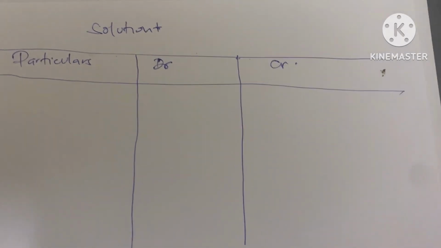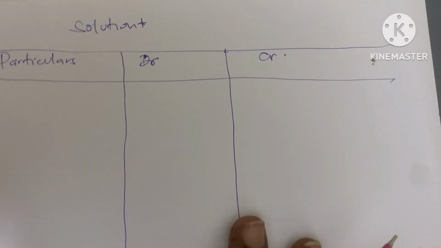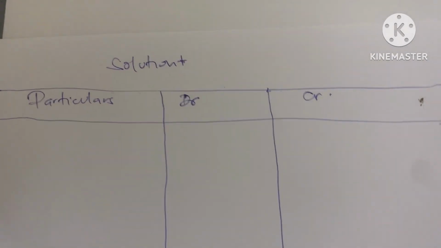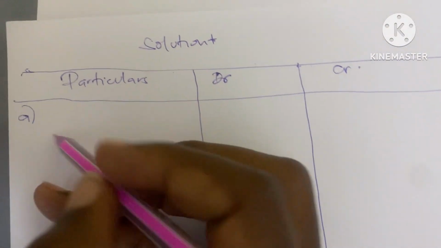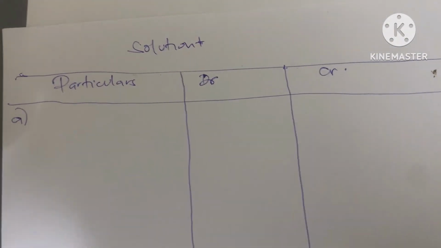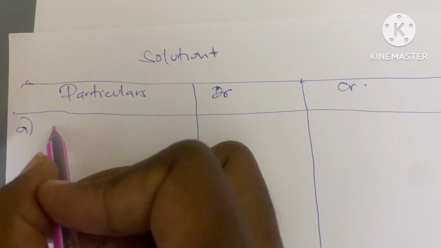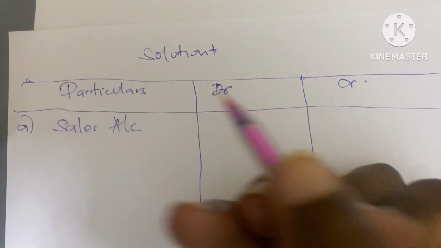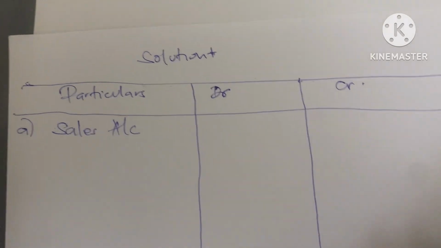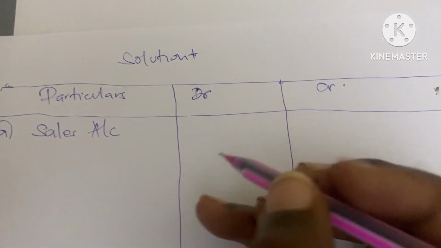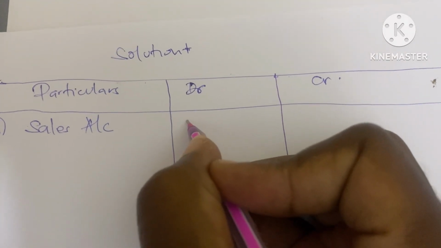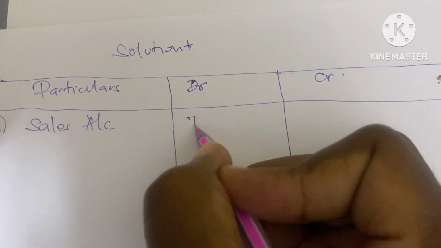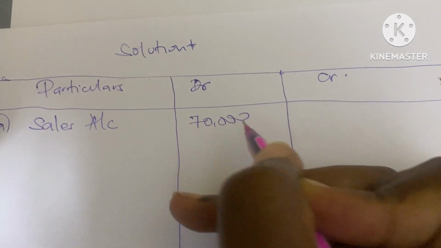So here it was overstated, meaning it was credited in the sales account. So we are going to write it off on the opposite side. We shall write the sales account and debit it by 70,000, since it was overstated by 70,000.